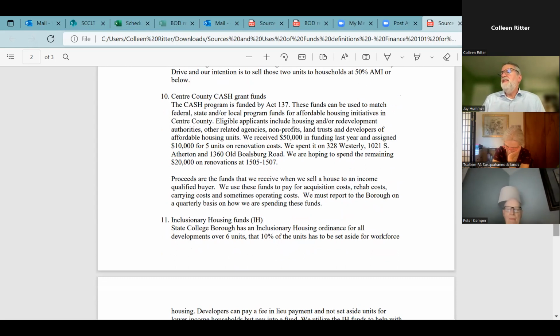Oh yeah, so there's some county money, and that's not a regular thing, right? But they ended up with some cash, and they looked around for some shovel-ready project to spend it on, and Colleen raised our hands and said, hey, we've got some place that you can spend it. And we got $50,000 there.